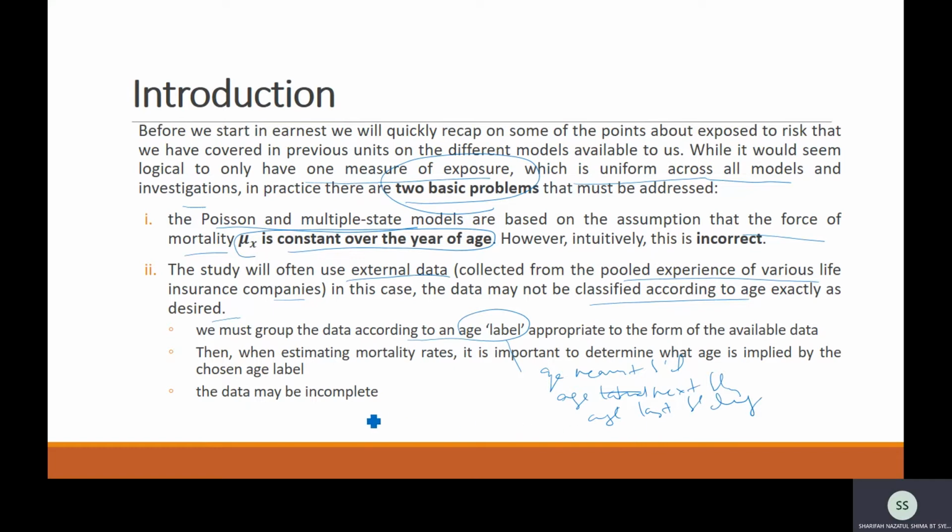Then we estimate the mortality rate. It is important to determine what age is implied by the chosen age level. The data may also be incomplete, that is, we have missing data.